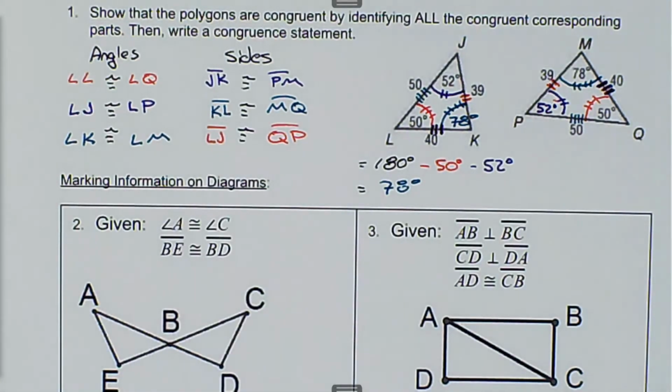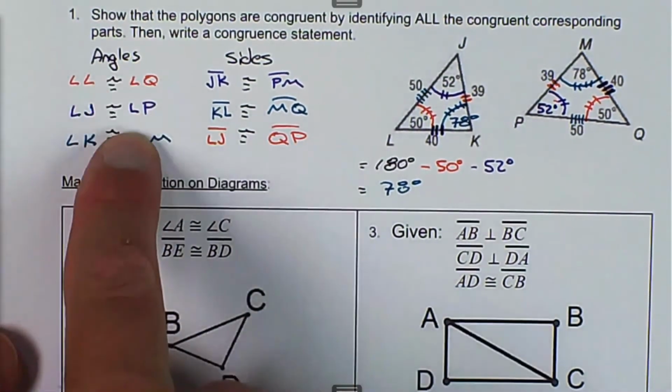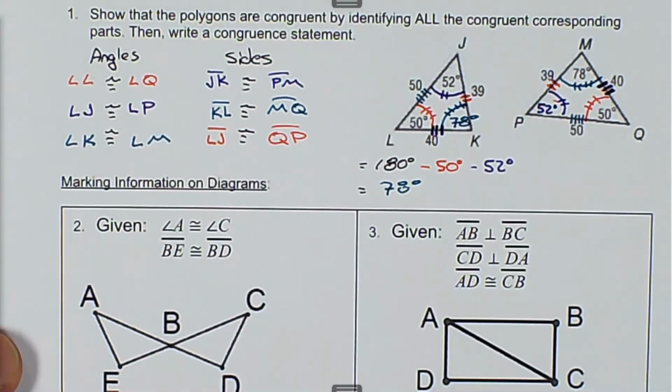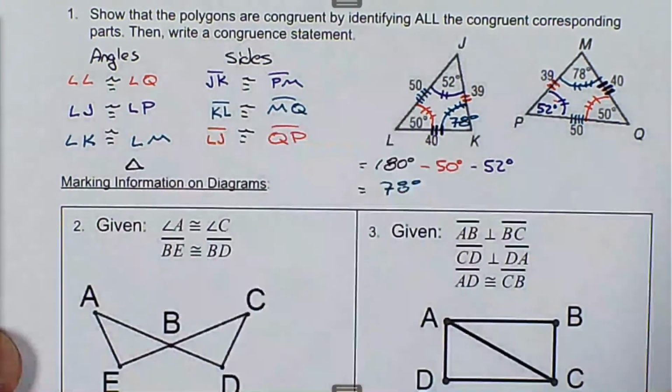And now we can make our triangle congruence statement. Probably the easiest way to do it is just to use the angles here. So we're talking about triangle, and I'm just going to name it right down the list here.